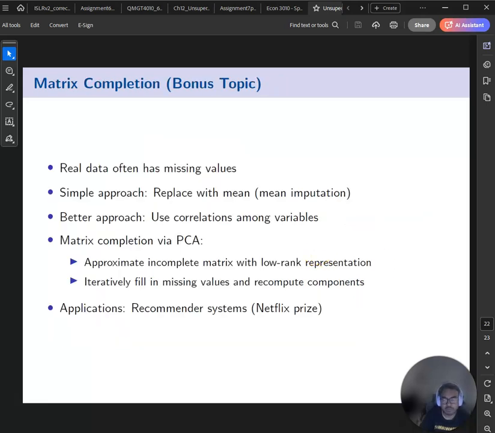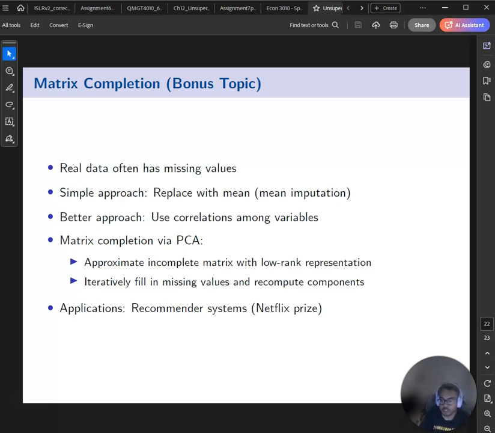So let's briefly touch upon an interesting bonus topic here, which is matrix completion, which addresses a very common problem in real world data, that is missing values. Real data sets often have gaps where values are missing.